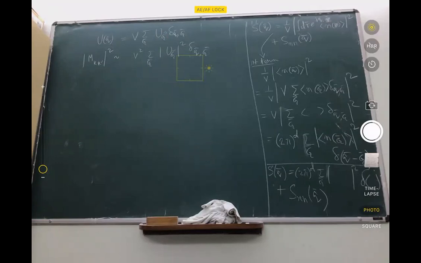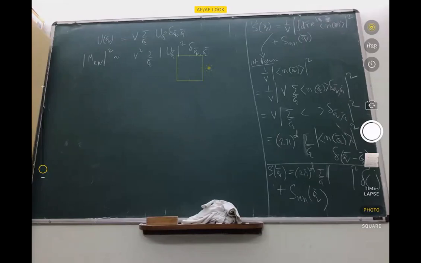In scattering experiments, you have scatterings only when Q is one of the G's. So any arbitrary momentum transfer is not possible in a periodic system. You will only have scatterings in which the momentum transfer is one of the reciprocal lattice vectors. So that is the information that you get from here.